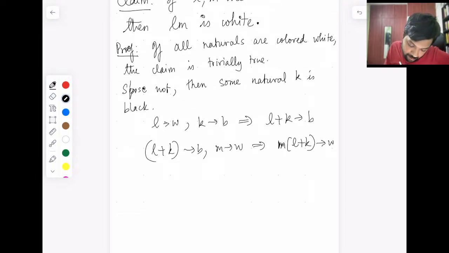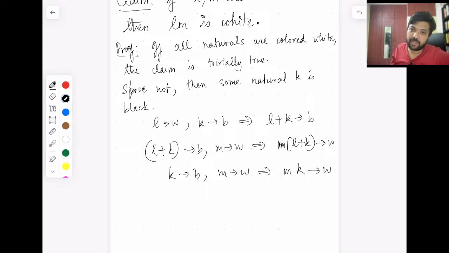Next, K is black, M is white, implies M into K is white, because the product of a black and a white is white.